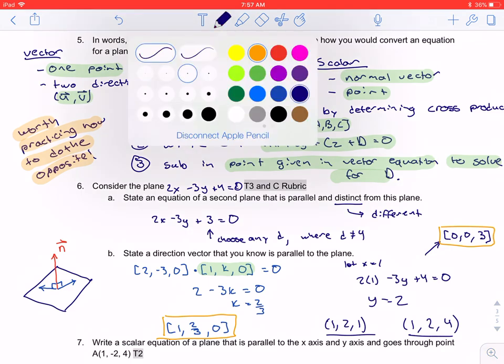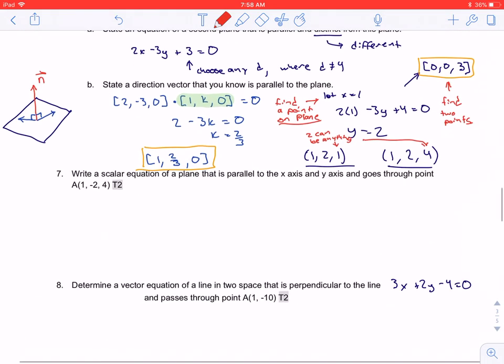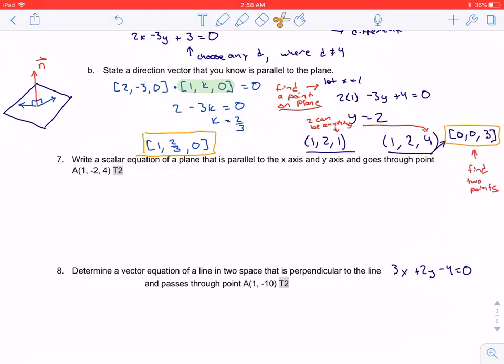This one comes from finding 2 points, finding a point on the plane, where z can be anything.